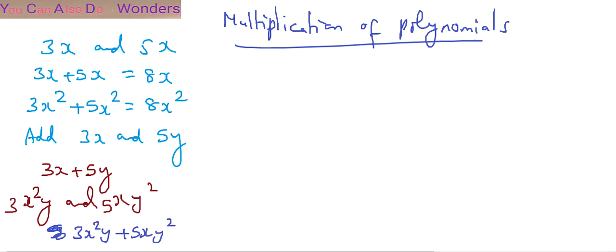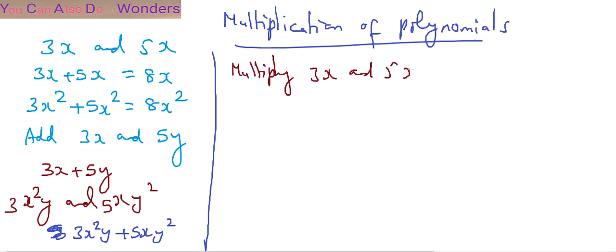Now let's see how to multiply these monomials. For example, let's say we want to multiply 3x and 5x. How do you multiply 3 and 5? 3 into 5 is 15. So 3x into 5x means multiplication.